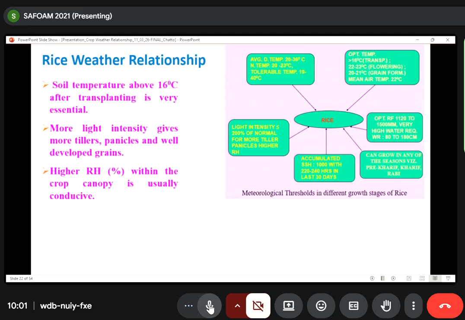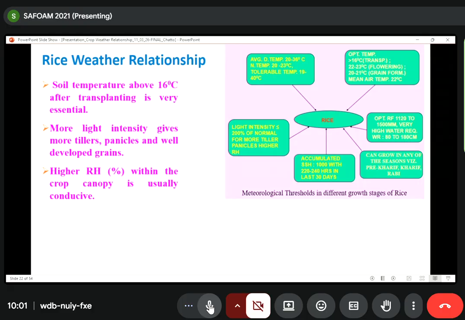Now I'll show you the individual crops, how the different parameters are affecting them, and what the threshold values could be. I'll go through quickly. If you see the boxes on the right hand side, I mentioned average temperature of 20 to 36 degrees, and tolerable temperature of 19 to 40. This has been done through a number of experimental studies.